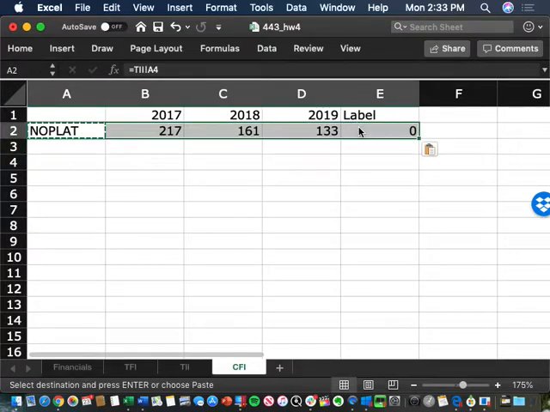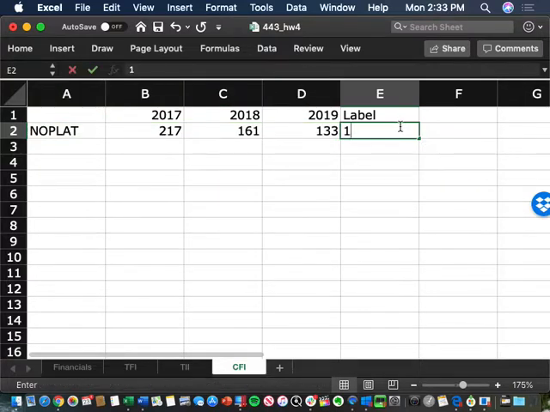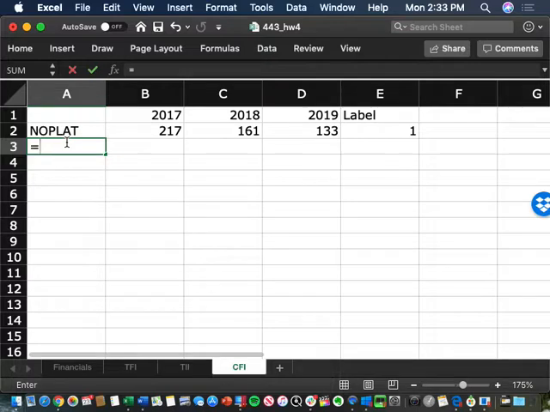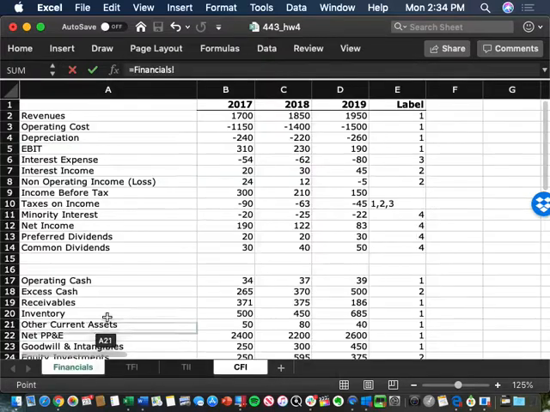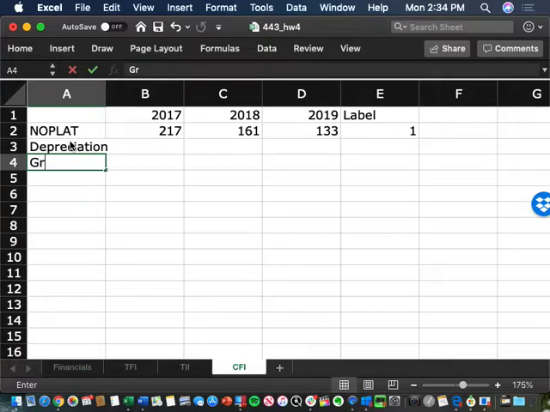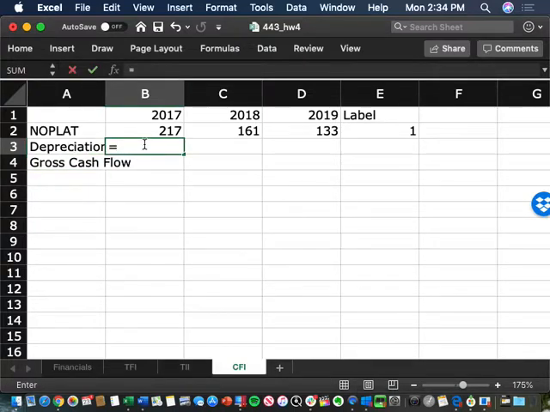But some of the NOPLAT was calculated based on non-cash items called depreciation, because the government allows us to reduce the income by the non-cash depreciation expense to calculate taxes. But since it was a non-cash expense, we can add it back because it wasn't really a cash flow. So when we add NOPLAT and depreciation, we get something called gross cash flow, which is the total cash profit from the income statement.